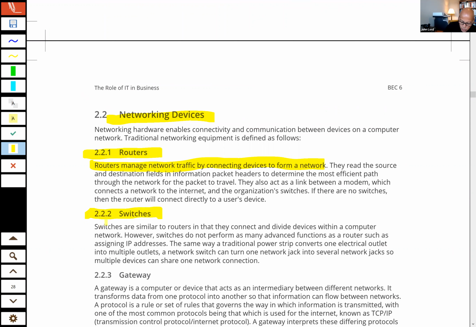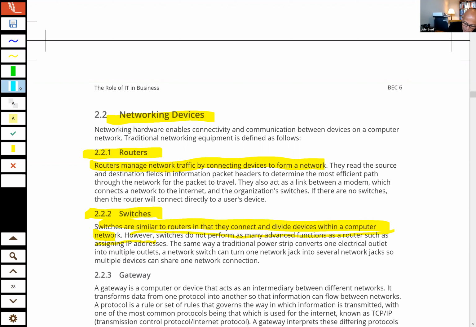Switches are similar to routers in that they connect the devices within a computer network, however, switches do not perform as many advanced functions as a router, such as assigning IP addresses.